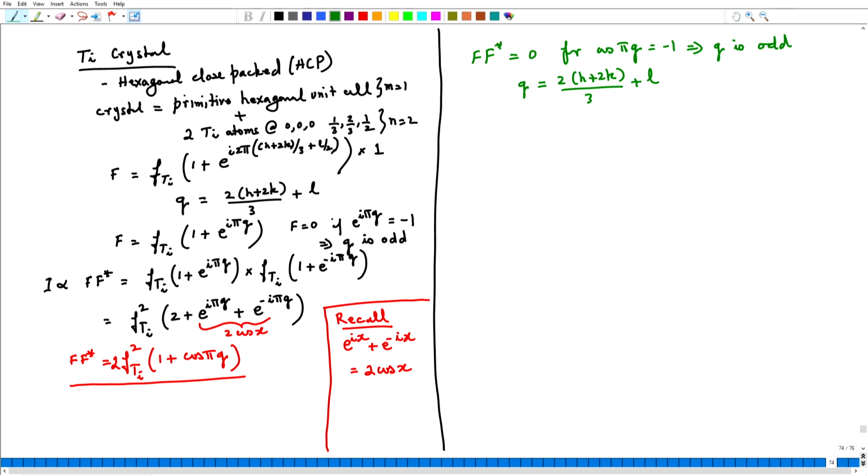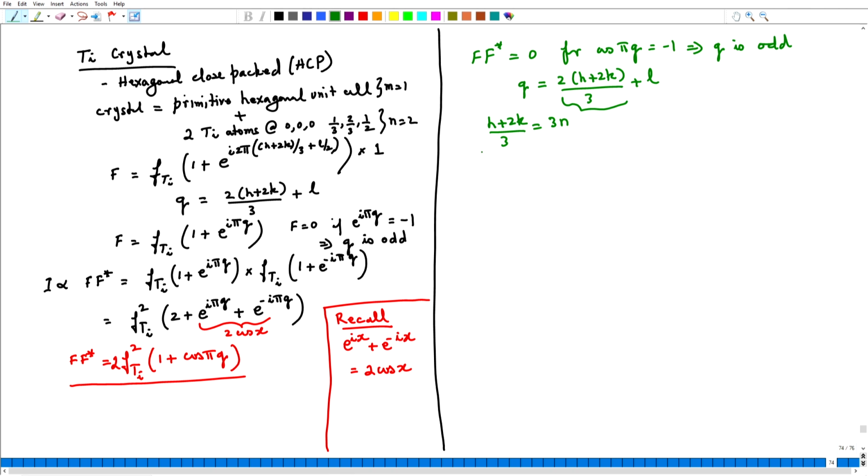So, let us say if (h plus 2k) upon 3 is a multiple of 3, 3 times n is some integer. So, whenever (h plus 2k) upon 3 is an integer, which means that the first term which has a factor of 2, this will be an even number, and then if l is odd, then even plus an odd number becomes an odd number. So, q will become odd.